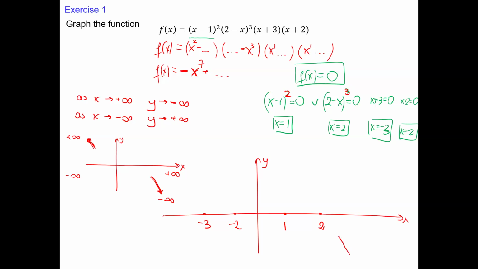At 2, we will intersect, no problem, but we will make it a little bit flat, like x cubed. At 1, we actually bounce because this is even. Then at -2, we will just intersect, and at -3, we will intersect. Perfect. And the end behavior is correct.